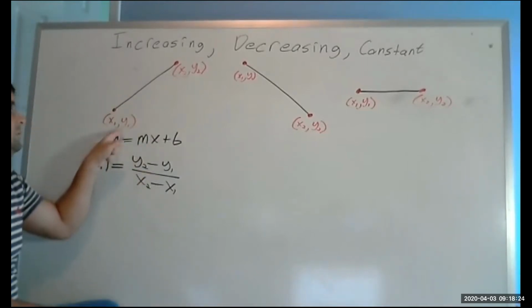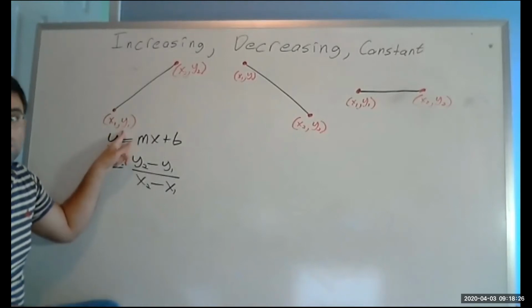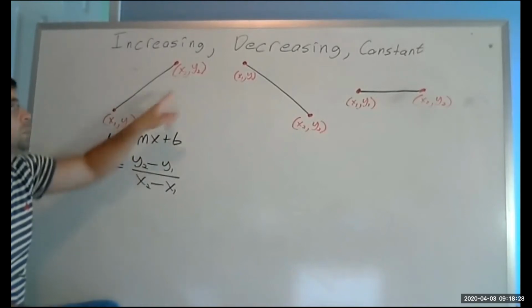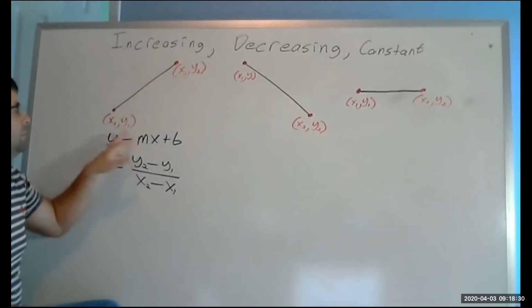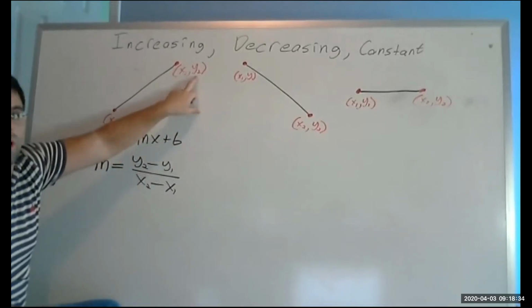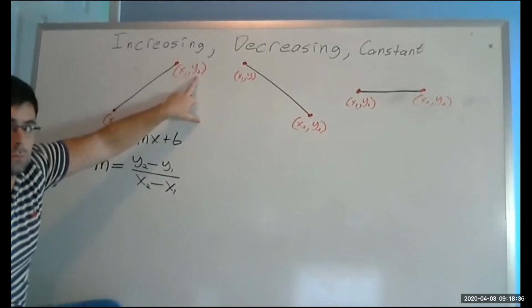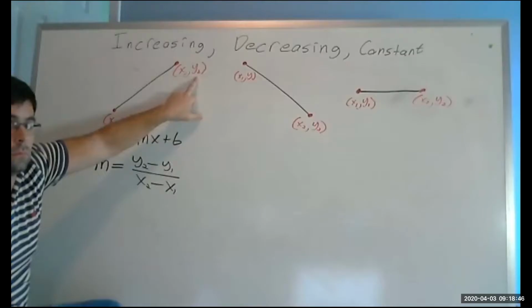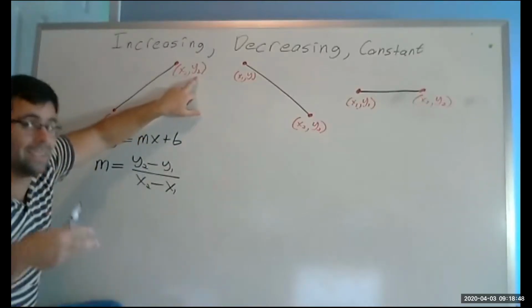If this one is 2, or I'll give it, if this one is 5, what has to be true about this number? It's greater than the other number.